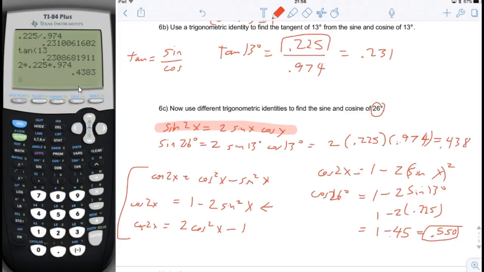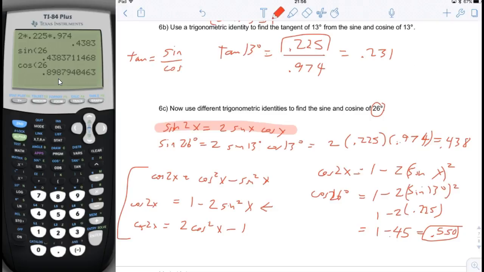Okay? All right. Let's check our answers. We're going to do sine of 26 degrees. 0.438, yep. And we're going to do the cosine of 26 degrees. 0.899. Oh, I forgot to do the squared.